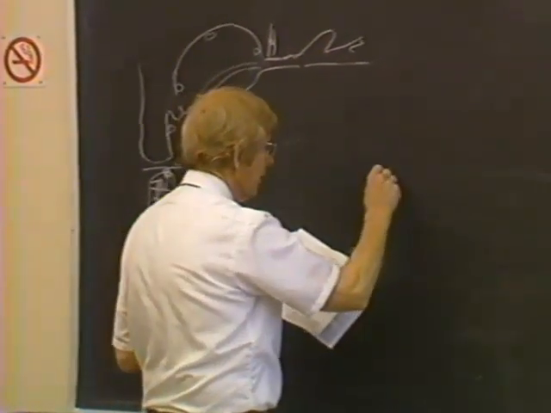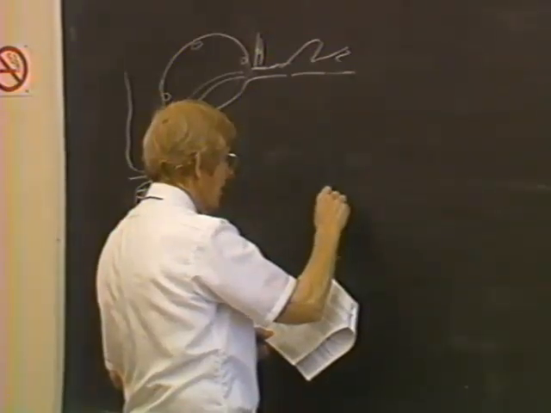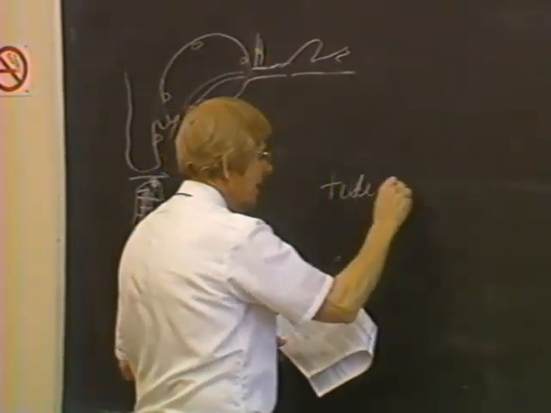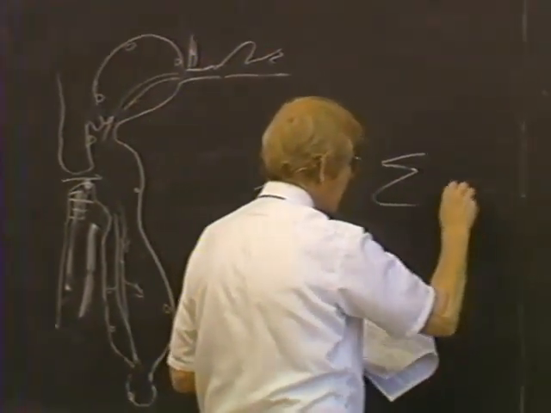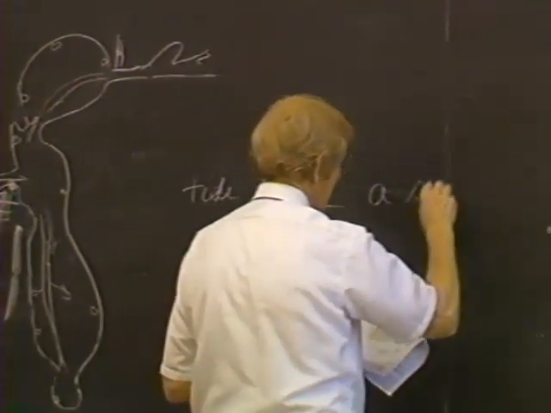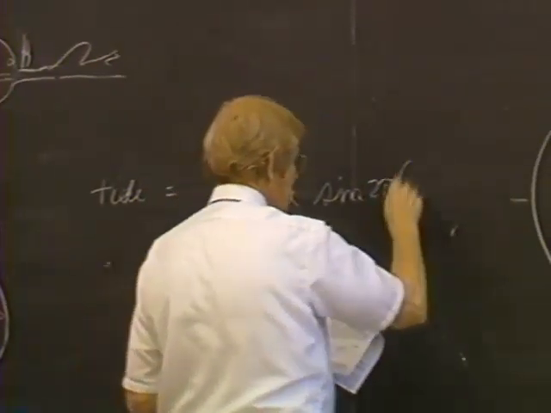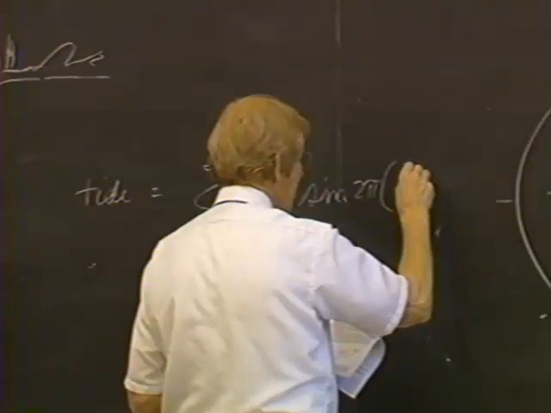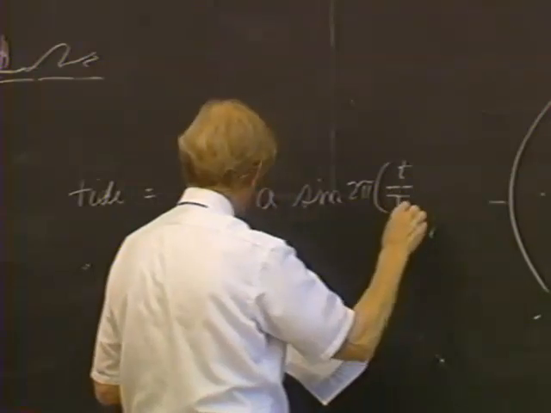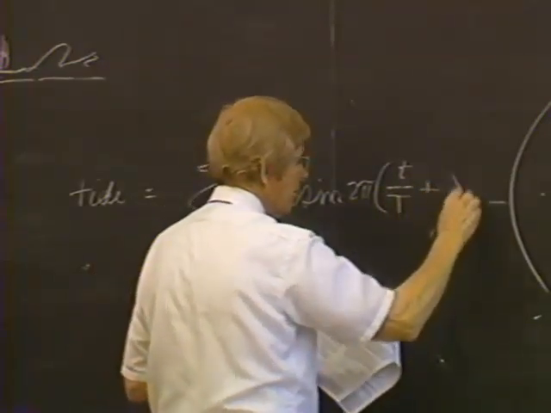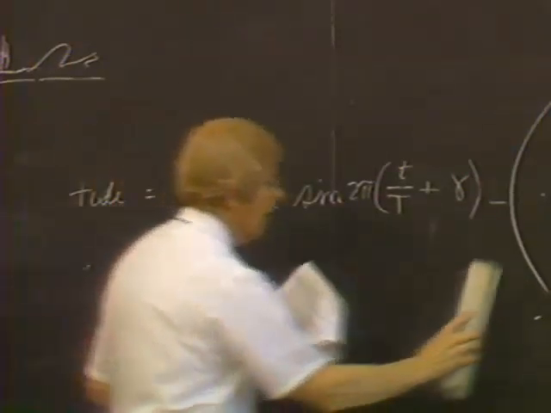And the tide is calculated as a Fourier series: an amplitude times the sine of 2 pi times t, time, divided by the proposed period, call it T again, plus some phase difference that accounts for the delay in time.